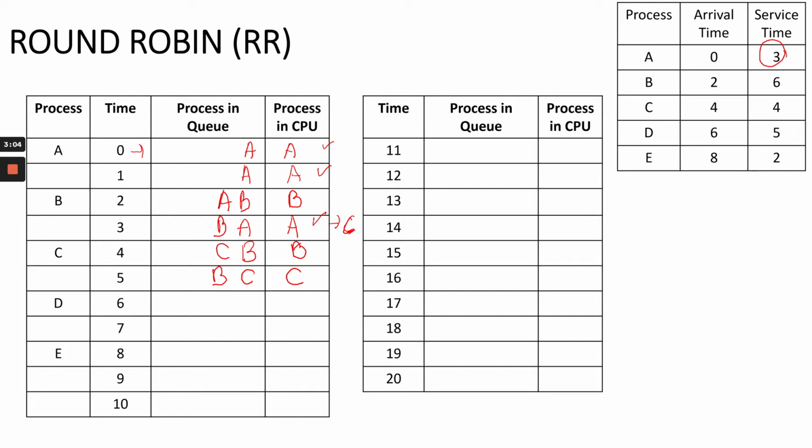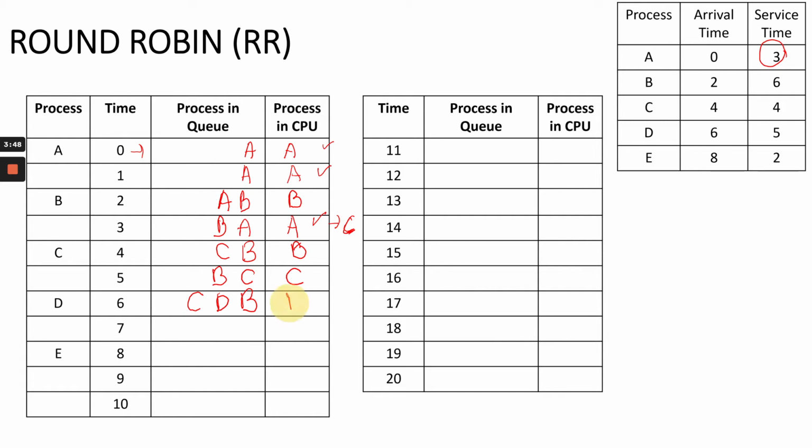At time 6, we have process B, and then process D arrives, and process C is preempted from the CPU. In an operating system, the selection between the new arrival and the preempted process is arbitrary, but in our case, because we want to be consistent, we will choose the new arrival process to be admitted earlier than the preempted process.